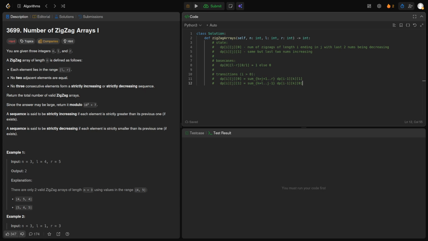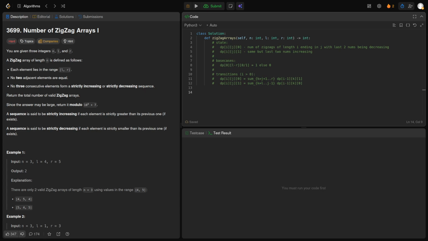Now the problem is, let's pretend r minus l is n, so we have two n squared states, and for each of them we are doing O(n) transitions, so that's disgusting. But for example, for j equal to 10 we sum from L to 9, and for j equal to 11 we sum one more. We just have to keep prefix sums for both, so that shouldn't be very difficult.